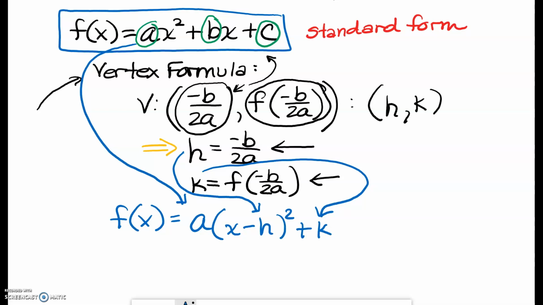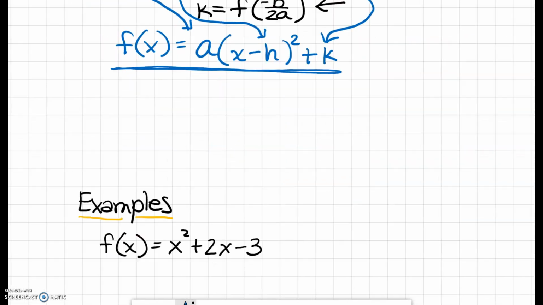So if I can calculate h and k and pull a out of my standard form, then I can write my equation in vertex form. And that's what this whole exercise is going to be. For today's homework, we're going to calculate h and k, find a, write our equations in vertex form, and decide whether things are being shifted horizontally, vertically, whether we have stretches or compresses. We're going to find the vertex, the axis of symmetry, and then look also to see whether our graph is going to open up or down.